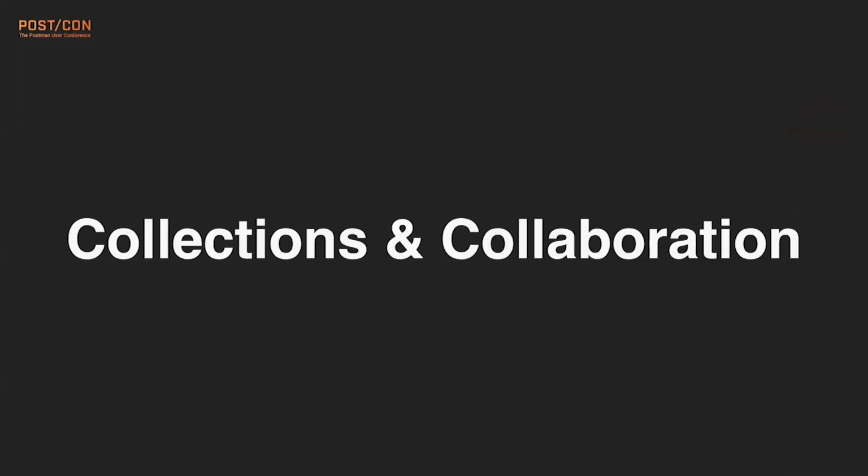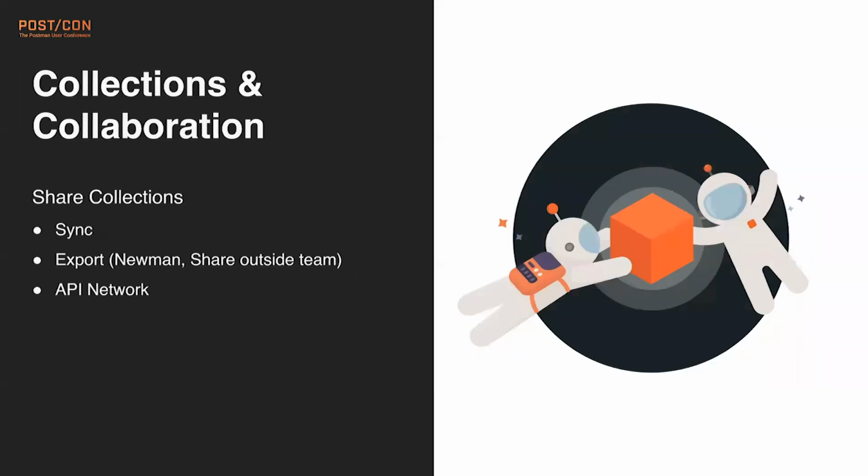Collections are, like we said earlier, not just a way to organize things, they're also a way to share them. And that's one of the most powerful things about collections. So you can share collections using sync, and we'll talk about that in just a second. You can export them, and then you can also check on other collections that already exist using the Postman API network.